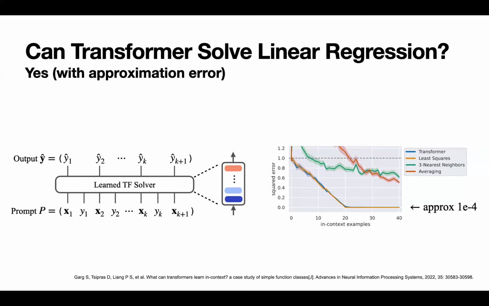The orange curve is the least squares solution, and the blue curve is the trained transformer. We can see that it matches the trend of the least squares solution. In the end, if you zoom in, it has an approximation error of around 1e-3, 1e-4. So it's not perfect like the exact solution, but it's trying to approximate the solution as well as it can. So that is the literature.